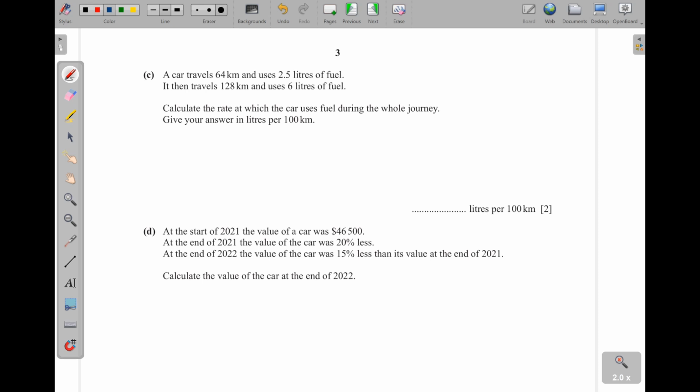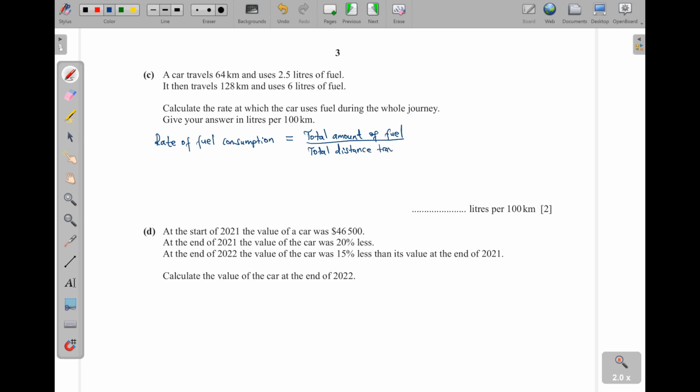Okay. Now, the rate of fuel consumption is going to be equal to the total amount of fuel consumed, then we divide by the total distance traveled. Why am I doing this?